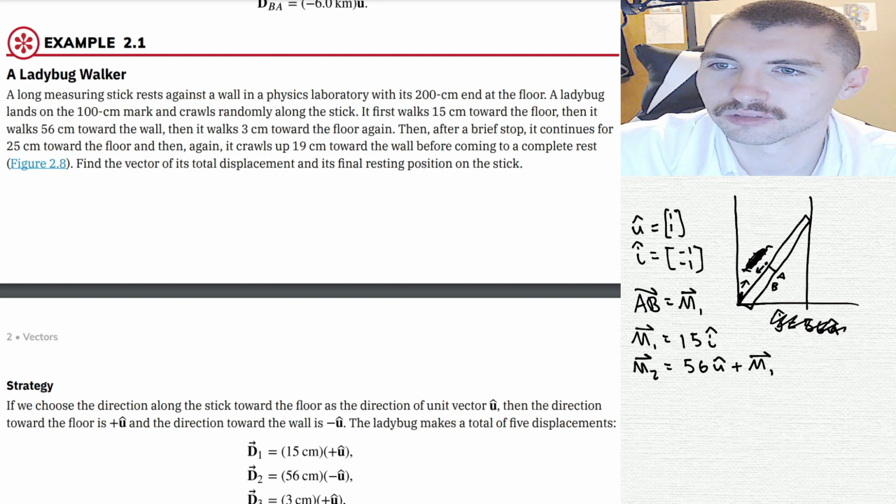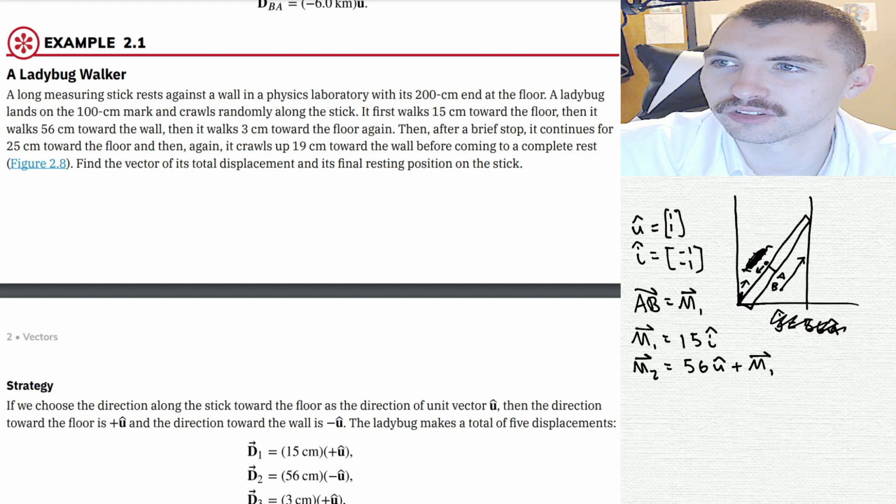So it's going to go from the origin, which is here. It's going to go this direction, negative 15, down 15, left 15. And then from B, it's going to go up. From this position, which is M1, we're going to add 56 U, which is in this direction.